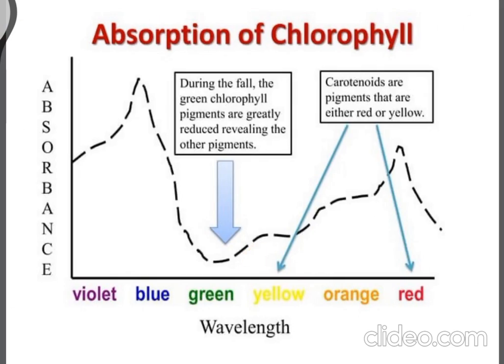Next, absorption of chlorophyll. During the fall, the green chlorophyll pigments are greatly reduced, revealing the other pigments. Carotenoids are pigments that are either red or yellow. The colors are violet, blue, green, yellow, orange, red.